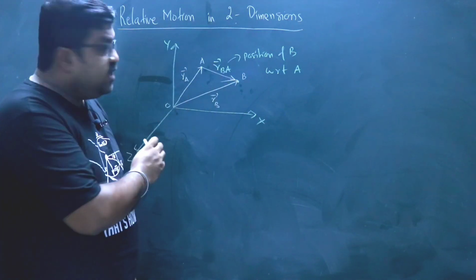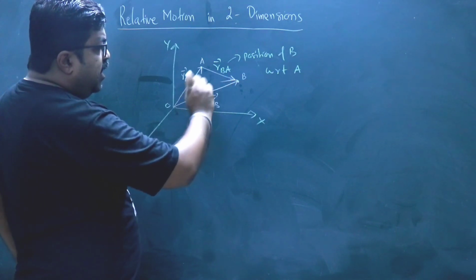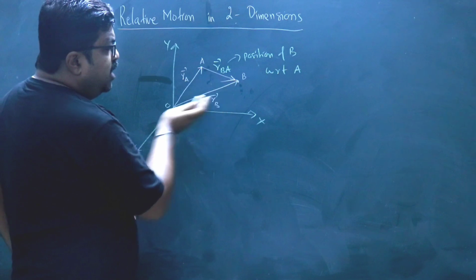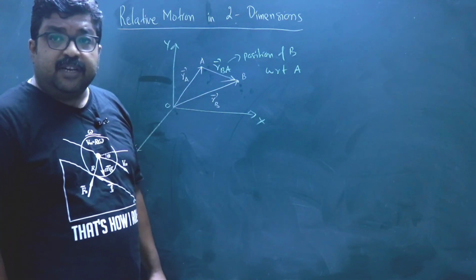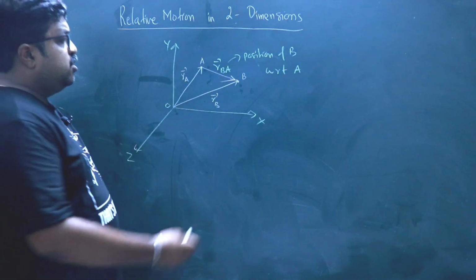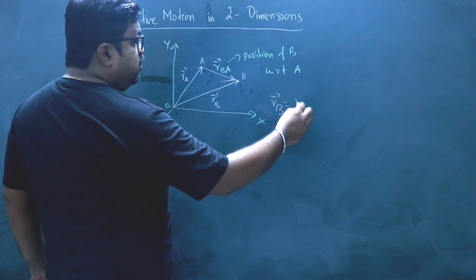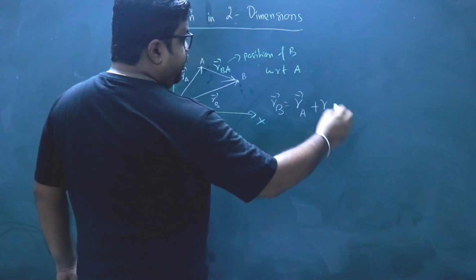In this triangle you can see that RA and RBA have a clockwise sense of rotation and RB has anti-clockwise sense of rotation. So if you apply the triangle law of vector addition, this side will be the resultant of these two sides. So we have RB is equal to RA plus RBA.